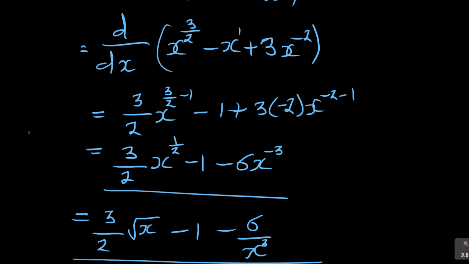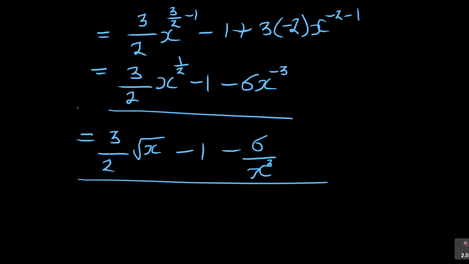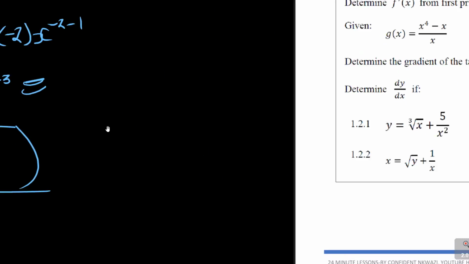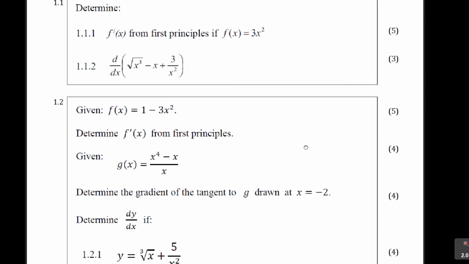These are positive exponents and in surd form, but it's not a must to do this. Better leave your answer like that to avoid errors. Okay, so that is that. That was the first question.